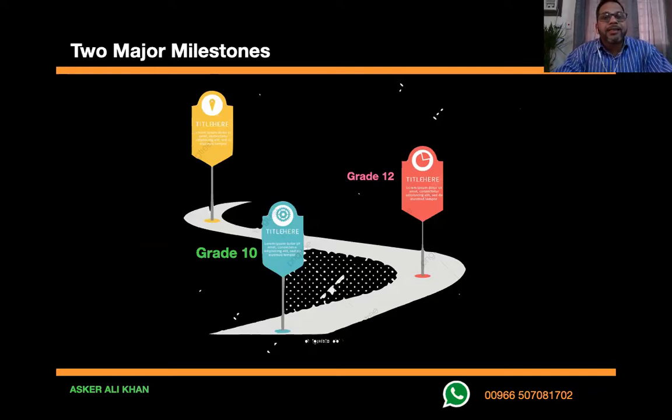Because it acts as a determining factor for you to choose your career after this year, whether you want to go into a commerce stream or a science stream. It also acts as a milestone for your future endeavors in your mathematics discipline. So the first milestone that you will come across in your entire academic career from grade 1 up until college is grade 10.